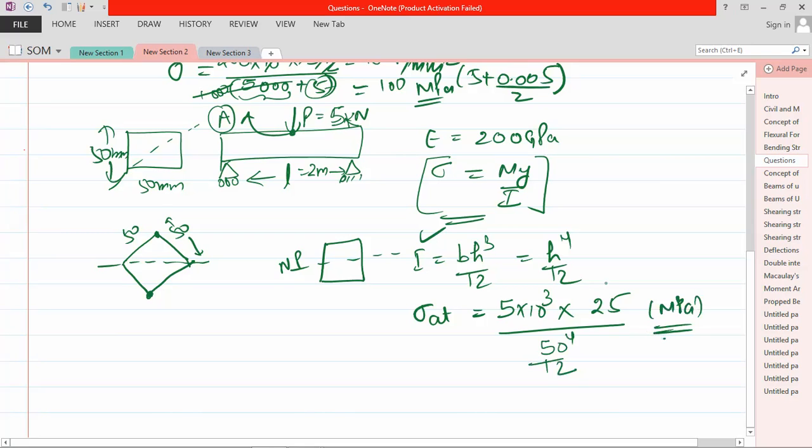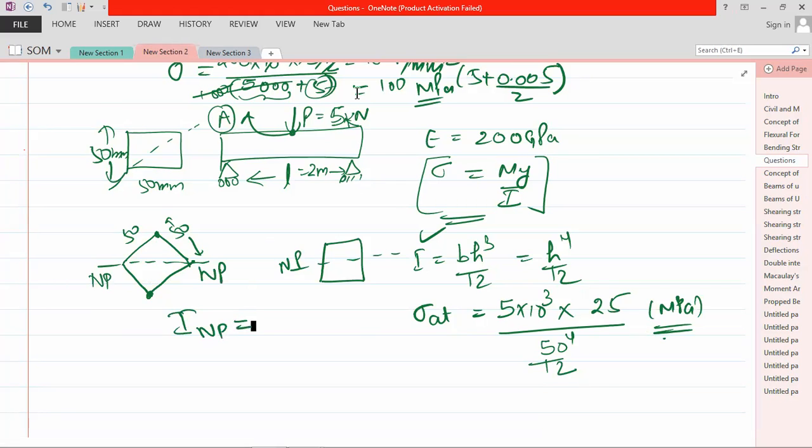Now, why I did this question: I'm not going to explain the calculation, I'm going to explain the concept. If the square is positioned in this way and the neutral plane would be like this, can anyone say what is the I of a square about the neutral plane? Just any guesses, unmute yourself and say, because that's why I gave this question. If you don't know, also say I don't know, sir. If you know, then speak.